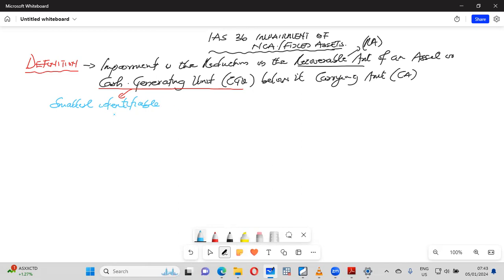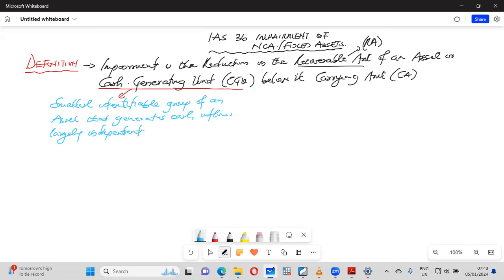So the smallest group of assets that can be separated, that generates cash inflows that are largely independent from the other assets.